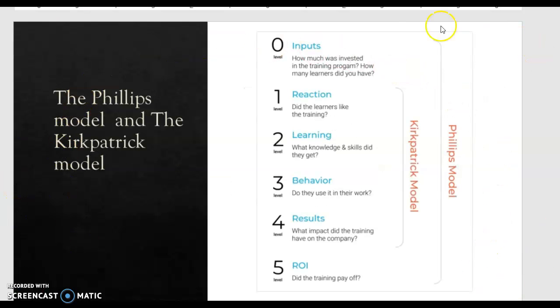As we can see in these diagrams, the Kirkpatrick model is at the center, the bedrock of the Phillips model. The inputs in the front are the investments from the process of instructional design, and the last one is to calculate the effectiveness of the design process, or the ROI of the design.